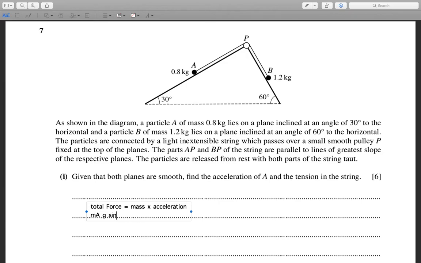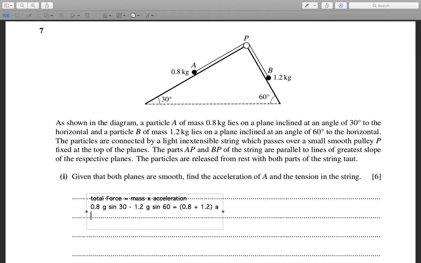Let's say directly: 0.8 g sin 30 minus 1.2 g sin 60 equals total mass, 0.8 plus 1.2, times a.